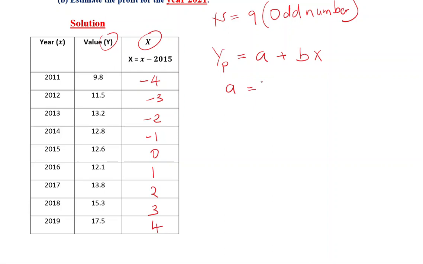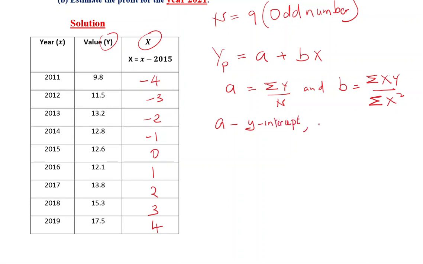And we know what A is: A is the sum of y over n, and B is the sum of xy over the sum of x squared. We don't need to work out all that, but in our case, we know that a from the graph is the same as the y-intercept, and b is the same as the gradient or slope.